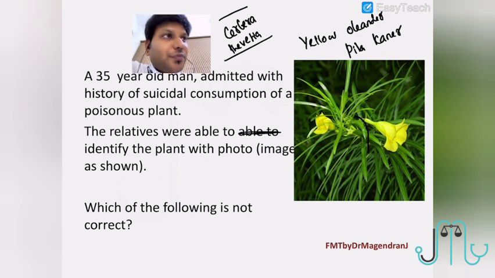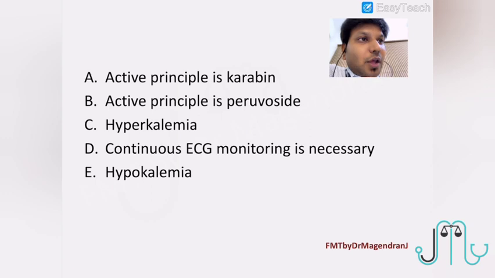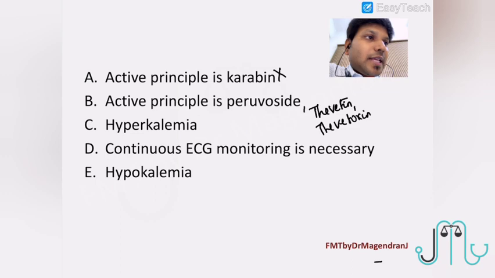Which of the following is false? Which is not correct? Active principle is cerberin. No, that's wrong. Active principle is peruvoside. That is true. Not only peruvoside, we can see thevetin, thevetoxin, cerberin. These are the various active principles from yellow oleander.